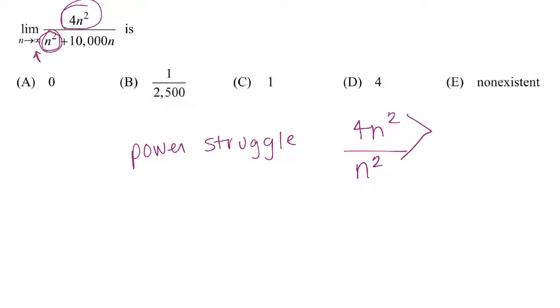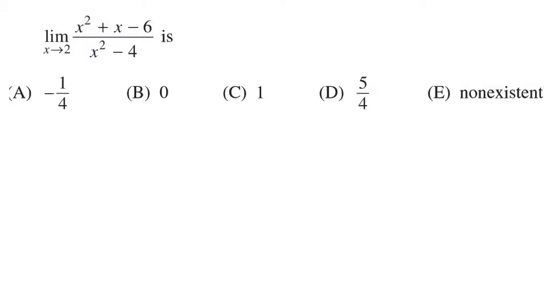So notice the power is balanced, and we can think of it as canceling each other out, and so I'm left with the ratio of 4/1, so that tells me my answer is 4.